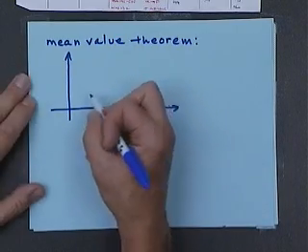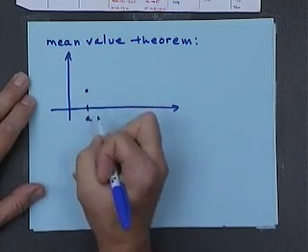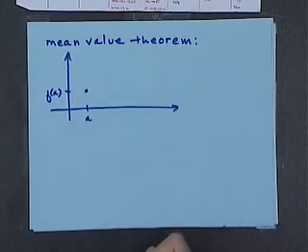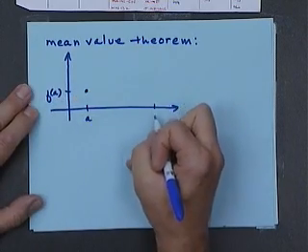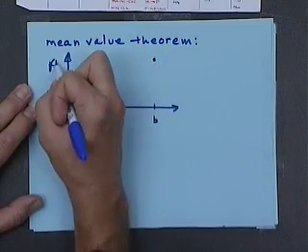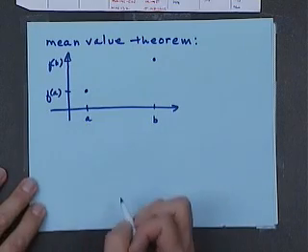We can find its derivative from some starting point, from some a, f of a, to some other point, b, f of b. So we've got 2 points on this curve, which is differentiable everywhere, all the way from a to b.